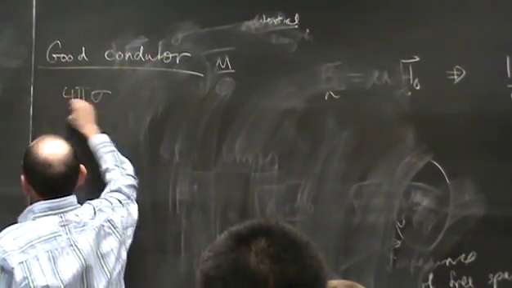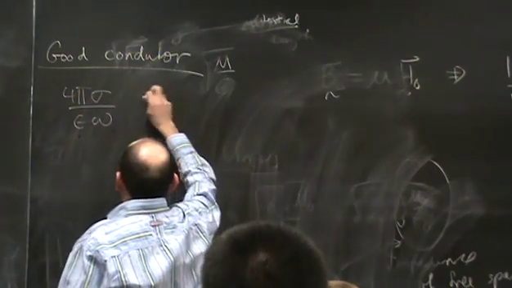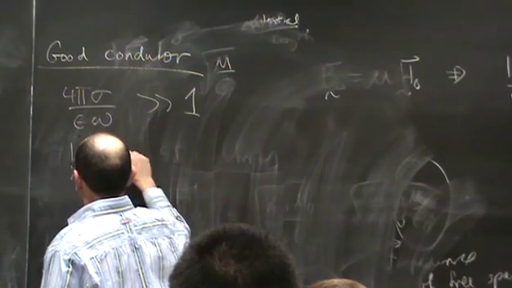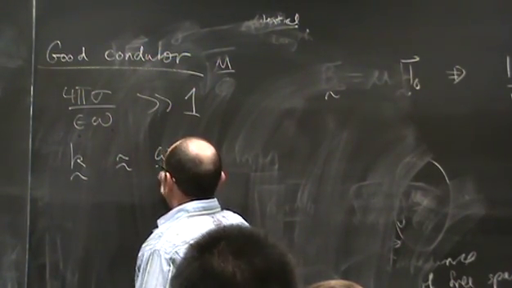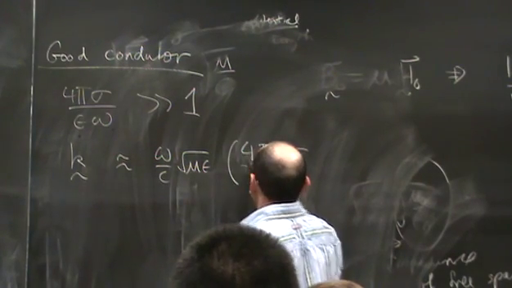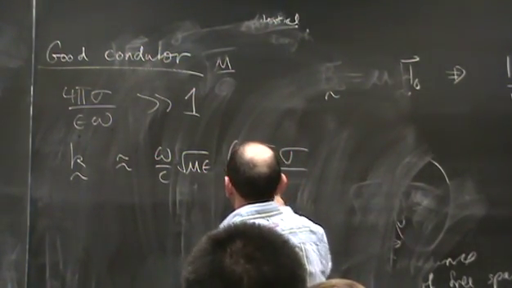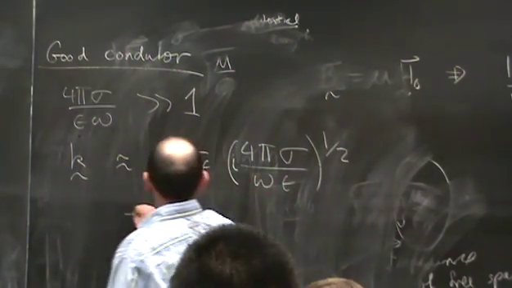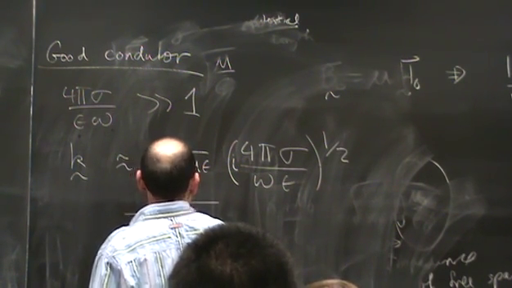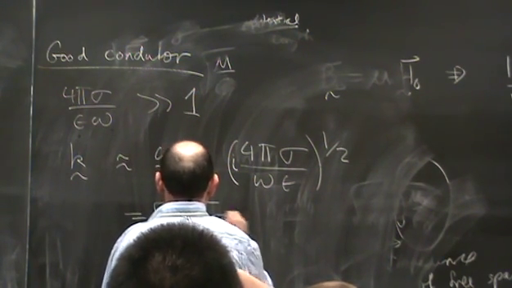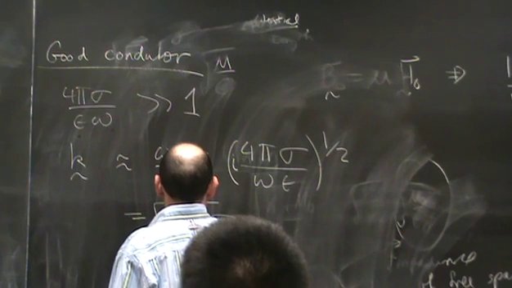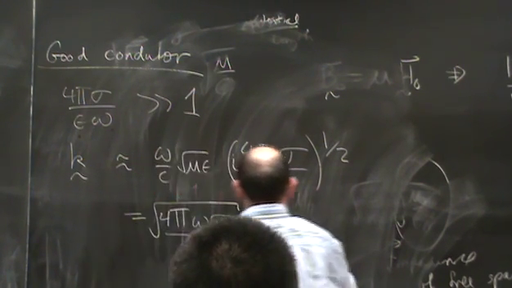Then my conductivity is so big compared to these ratios that I can ignore the real part there, and my k tilde is approximately equal to 4 pi sigma over omega to the 1/2 power, which is the square root of 4 pi omega sigma over c, times i to the power 1/2.